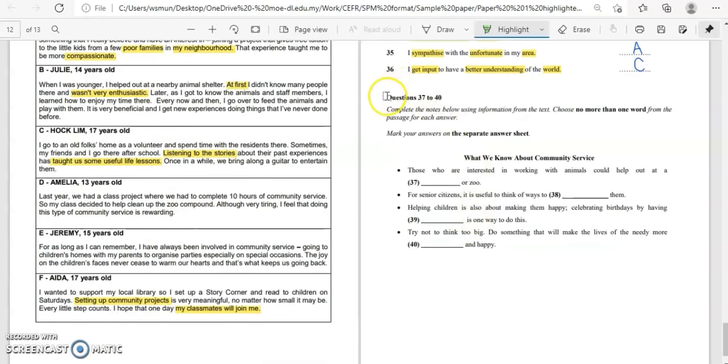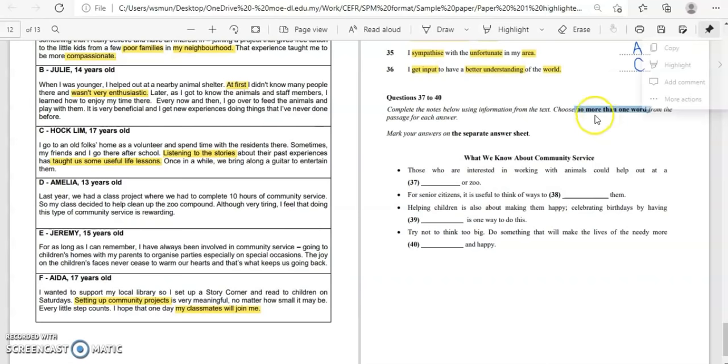Now let's try to do question 37 to 40 together. Read through the instruction. This part is very important. Okay, complete the notes below using the information from the text. Choose no more than one word. So see, it mentions no more than one word. It is not that every time in SPM it will say no more than one word.